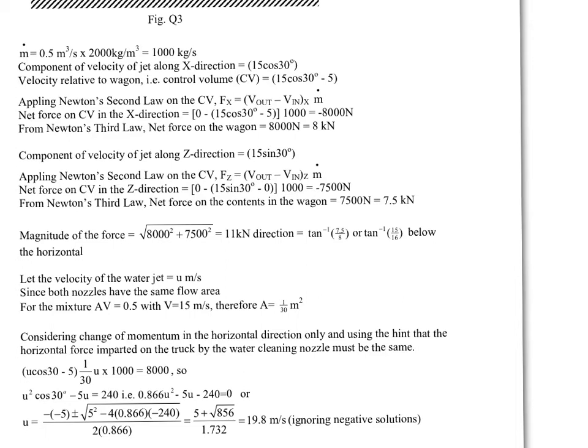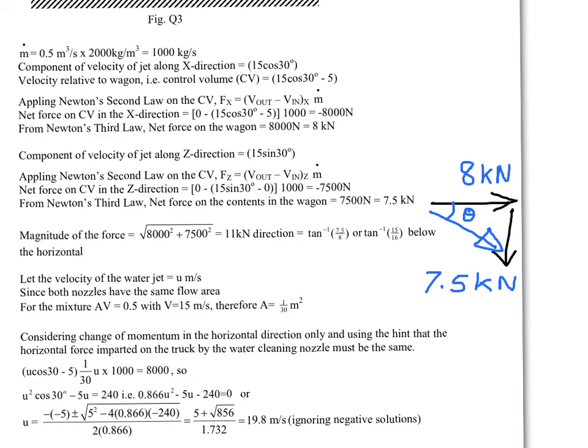When we compound the horizontal and vertical forces, the resultant magnitude is 11 kilonewtons, at an angle of tan inverse of 7.5 over 8 below the horizontal. This is shown in the little sketch by the angle theta.